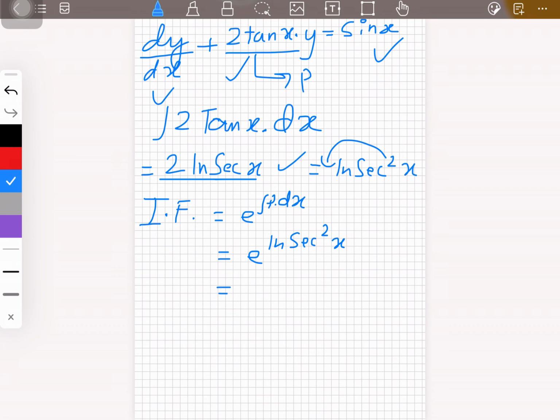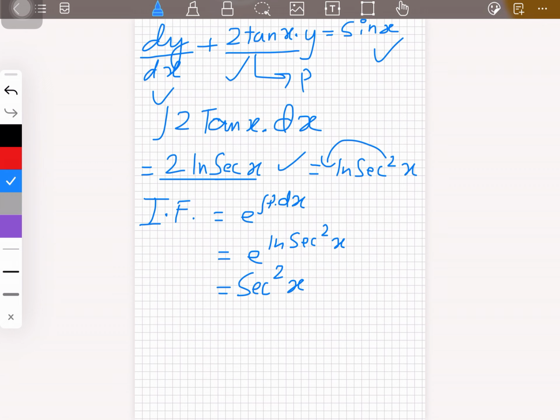I have also shown how this occurs, that whenever there is e to the power ln of something, let's say a, then it can be written simply as a. So this and this cancel each other's effect, and then you can write it as sec square x.